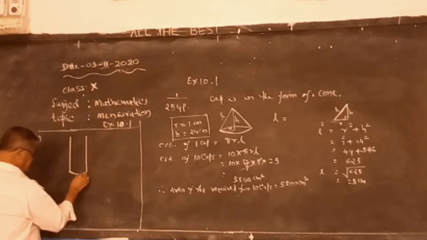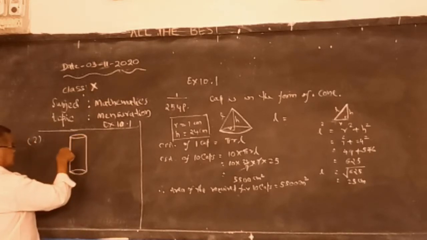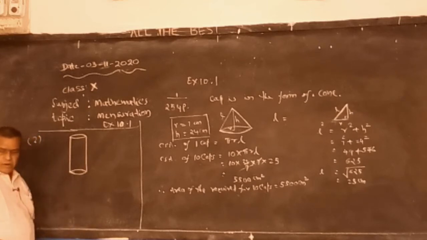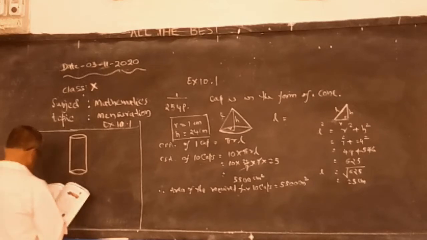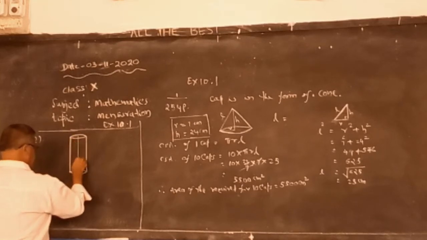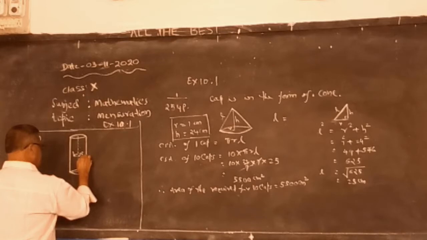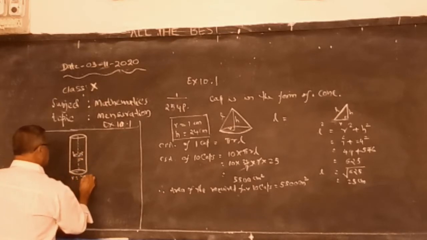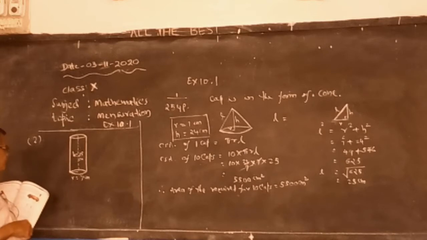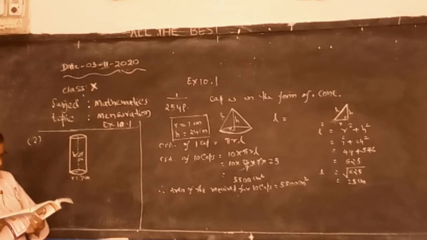Cylinder height. Shuttlecocks are packed in this. The measurements are given: radius is 7, height 35. h is equal to 35 cm and radius r is equal to 7 centimeters. We have to make 100 cylinders.